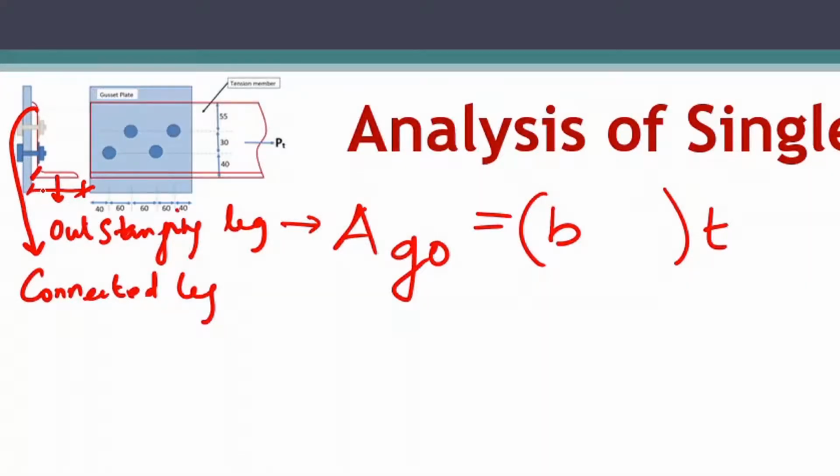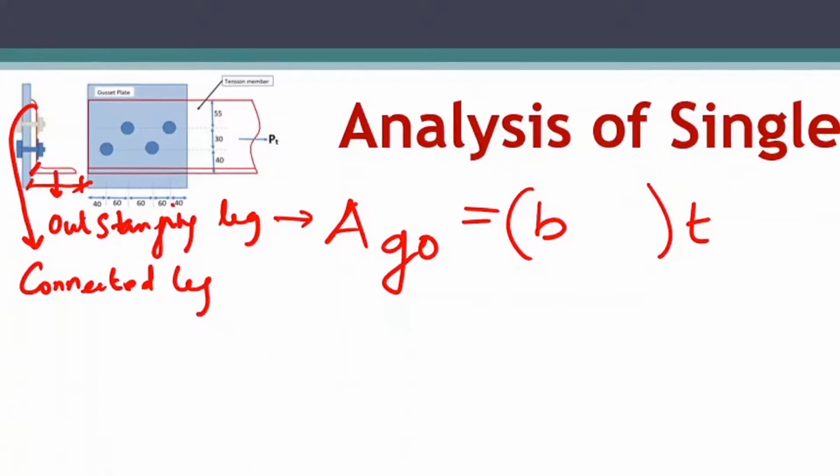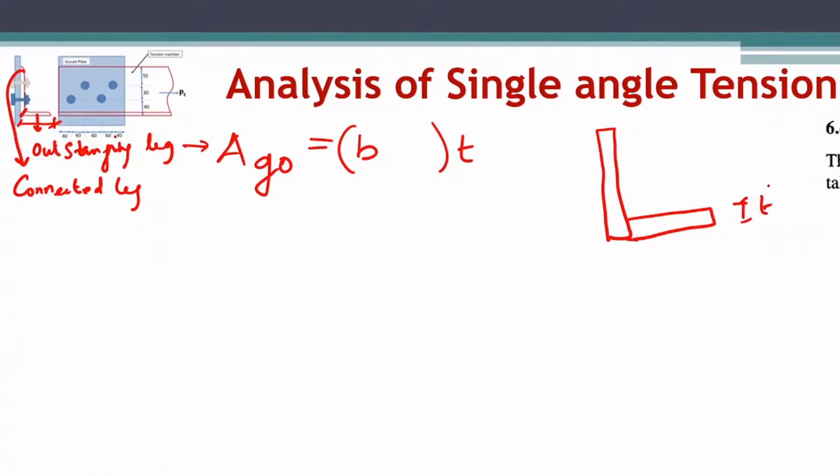But this is not a plate, this is an angle. This is the thickness. We have two legs. If you want to calculate the area, let's take this width as B1 and this as B2. Width of one leg is B1 and width of the other leg is B2.